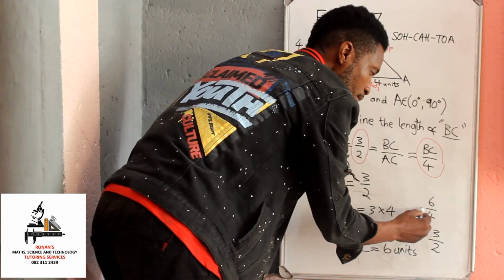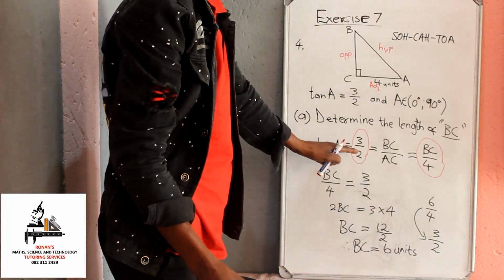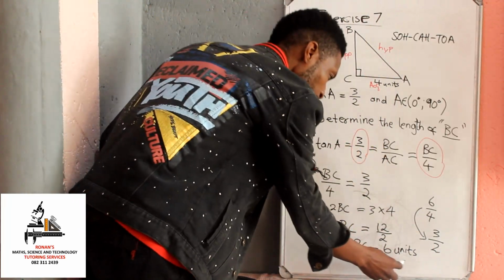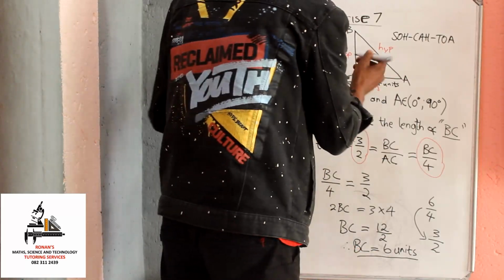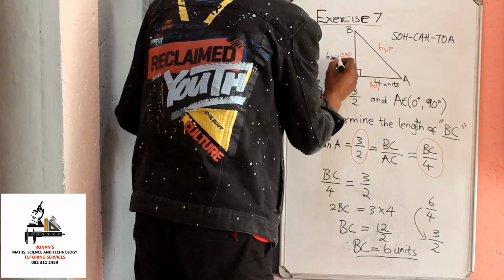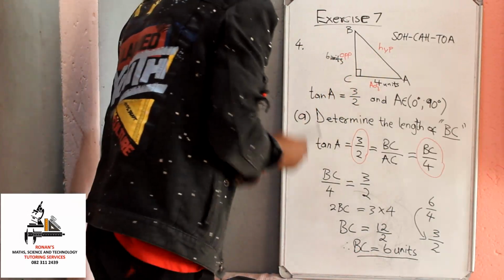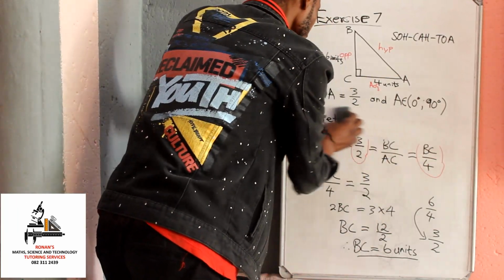So this gives us exactly the relationship that was given by tan A. So BC is 6 units. BC is 6 units. Beautiful. Now we go to the second part.